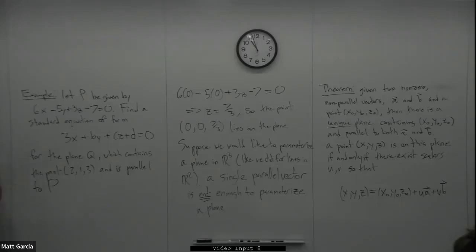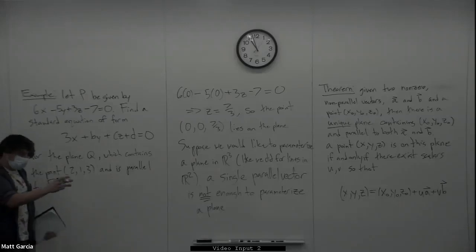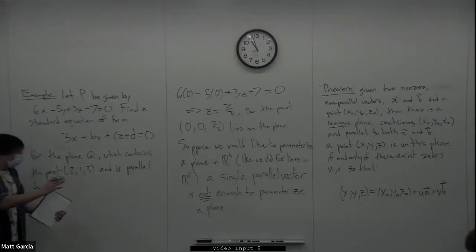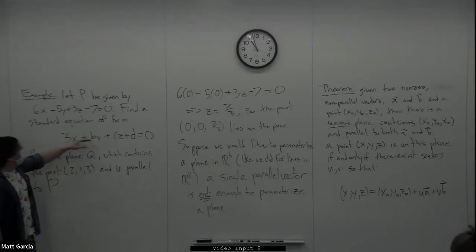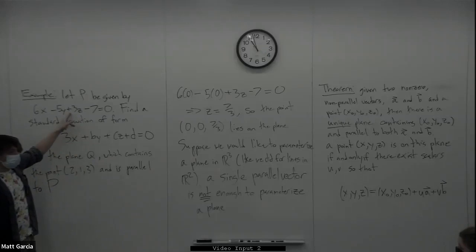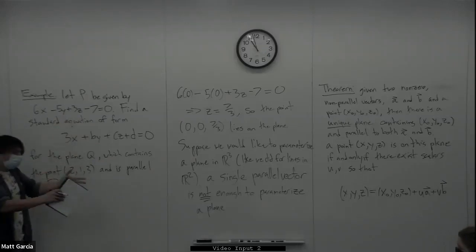Yeah, right. Another way of saying that is exactly right. But how we use that fact is to say that a normal vector for this plane must be parallel to the normal vector for this plane. That's exactly what you said, just rephrased slightly.